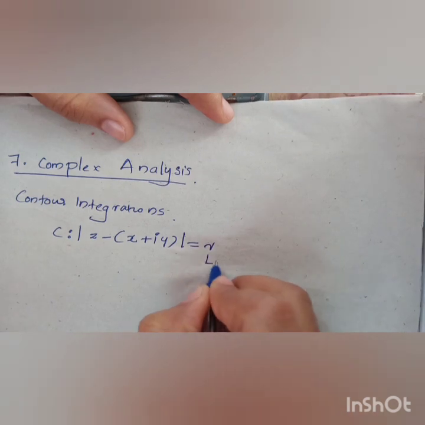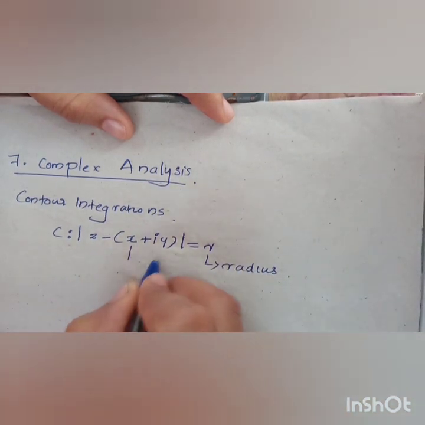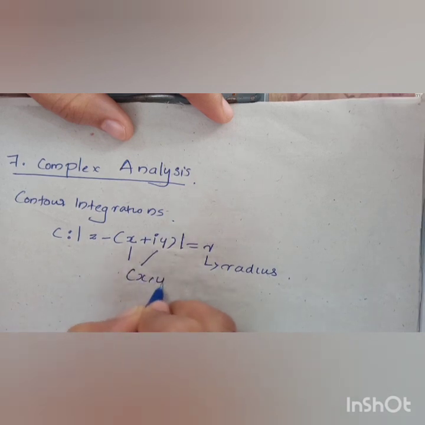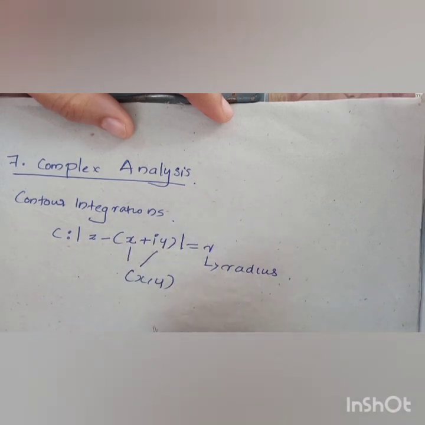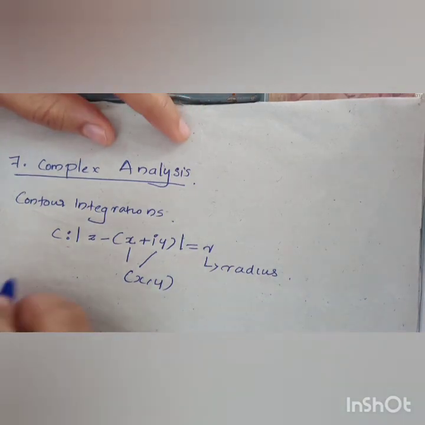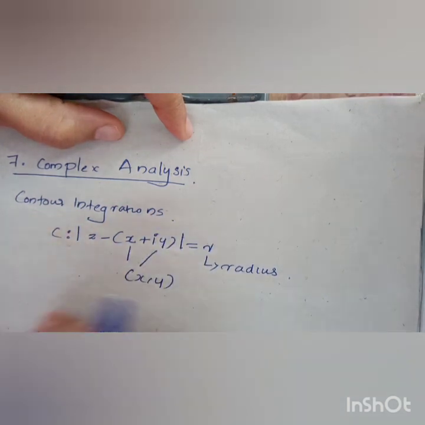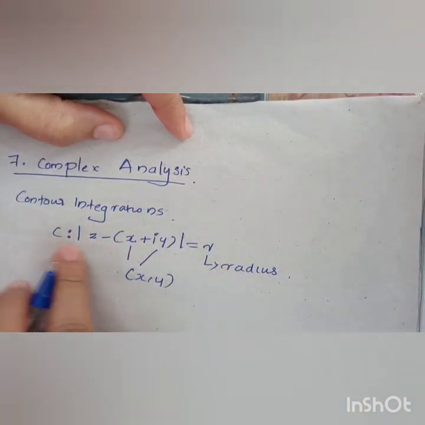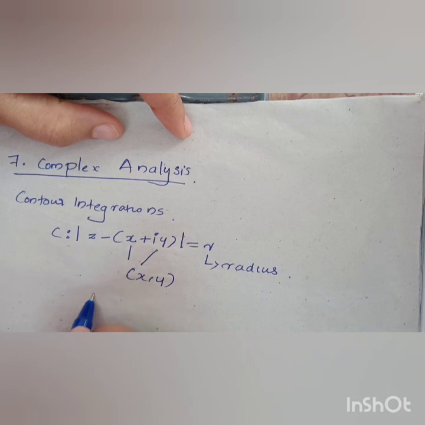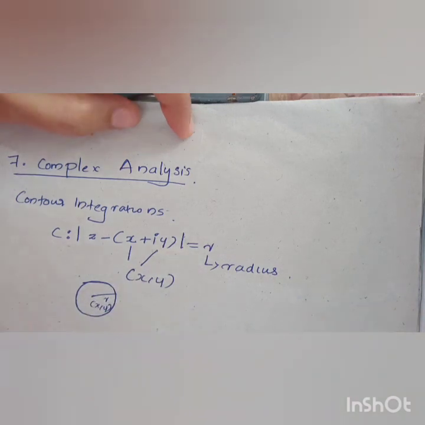Here r is the radius, and x and y give the center of the circle of the contour. So we are considering a contour of radius r and center (x, y).